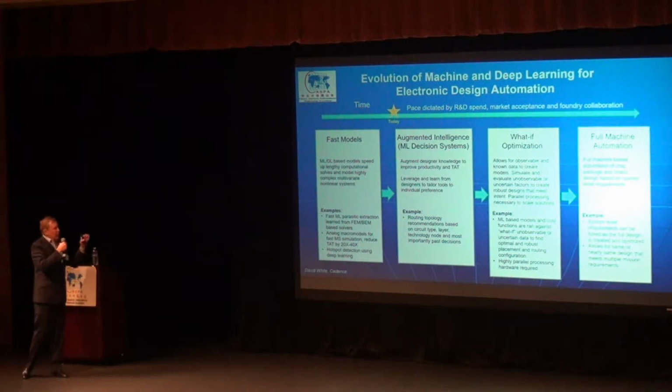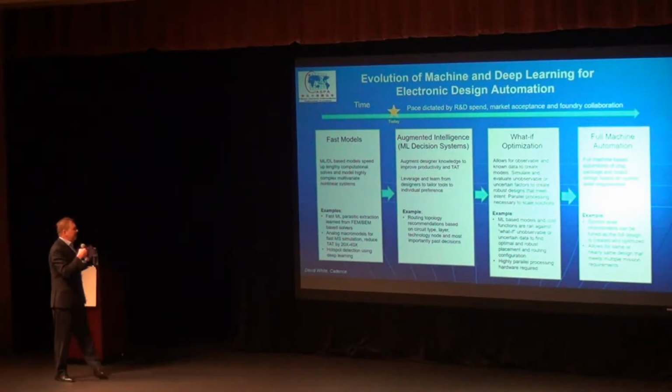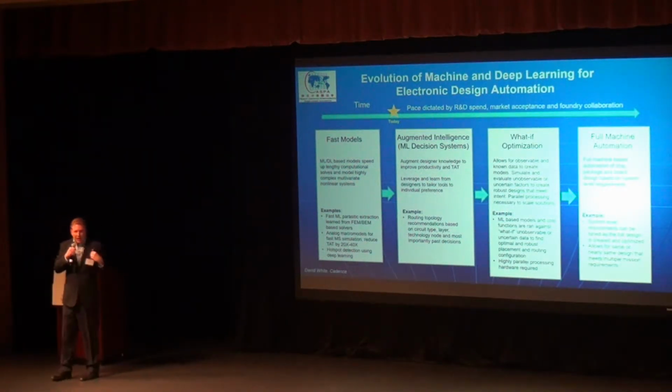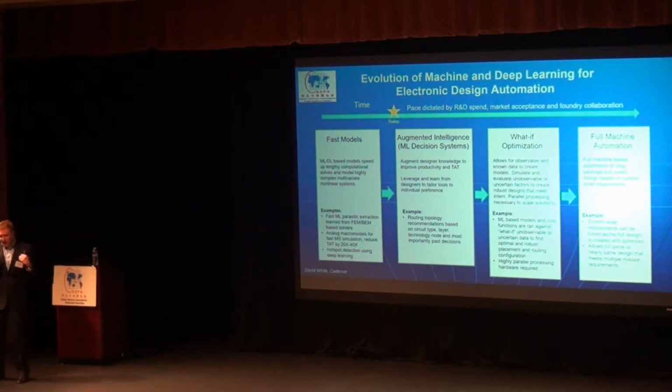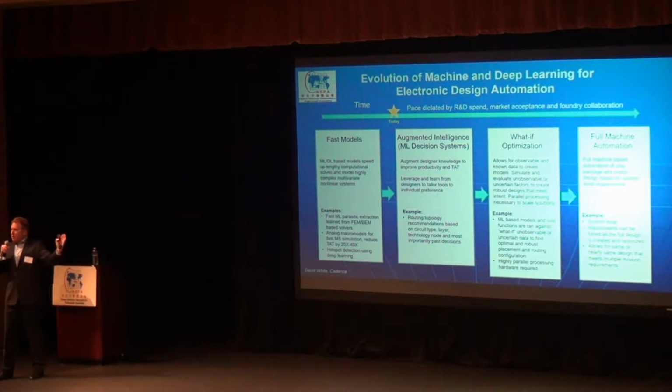The pace at which we're going to get there is dictated by a few things. One would be R&D, how much money is spent on R&D, and how much R&D focus these approaches get. The second is market acceptance, because some of these technologies will result in methodology changes.